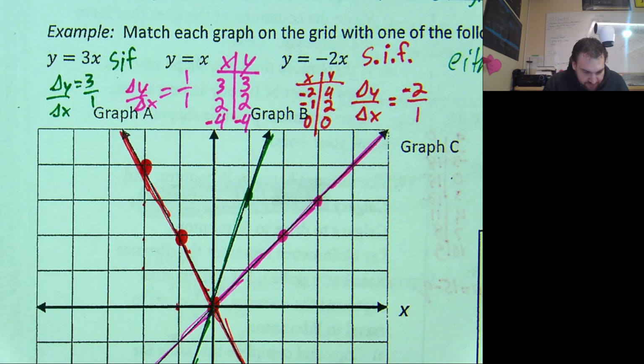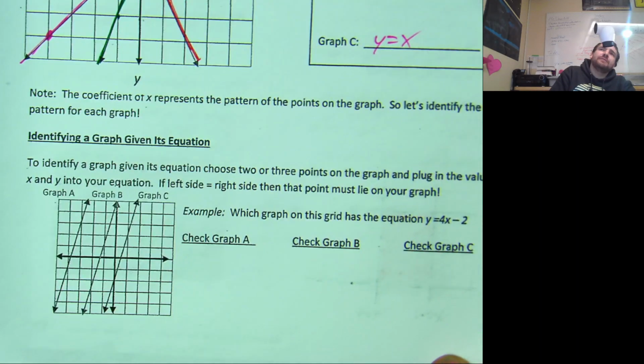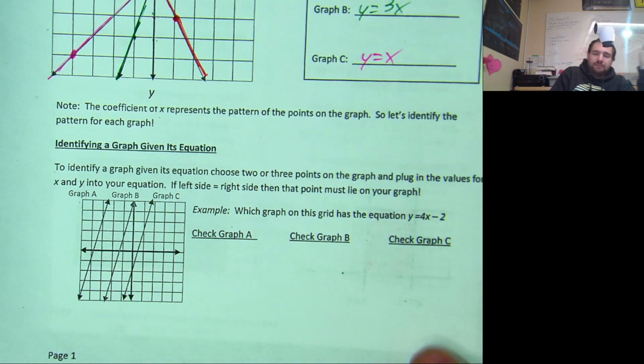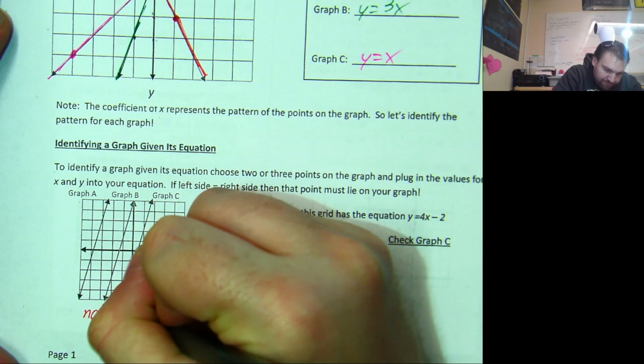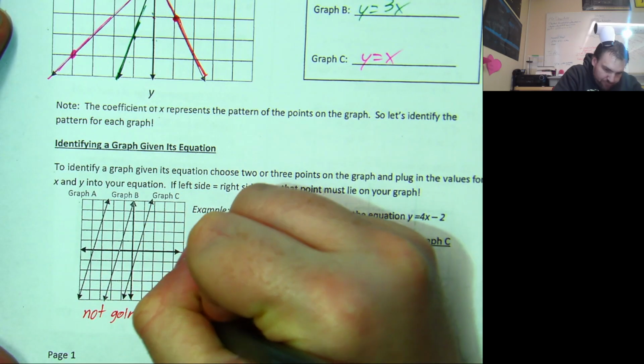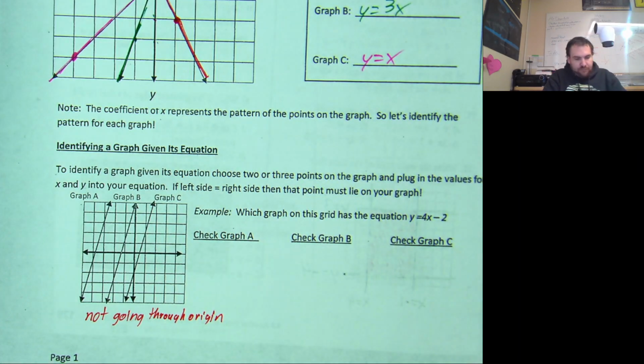Okay. So, this one, what is interesting about these two graphs? There's a few things. We're not going through the origin. Okay, that's interesting.